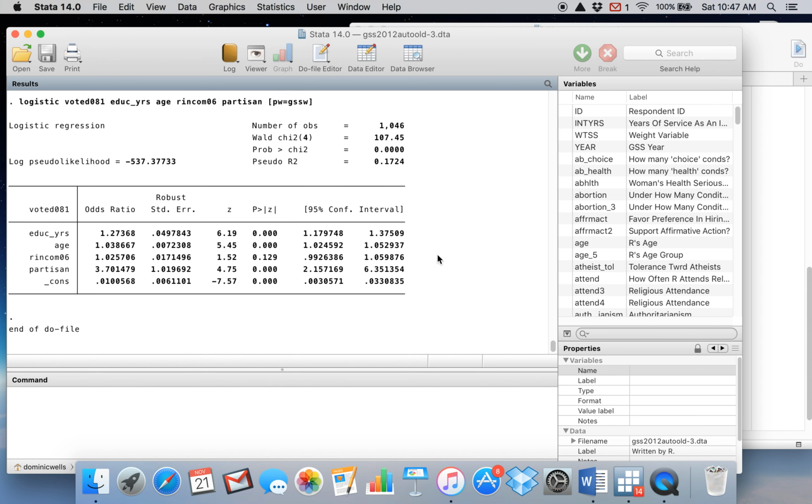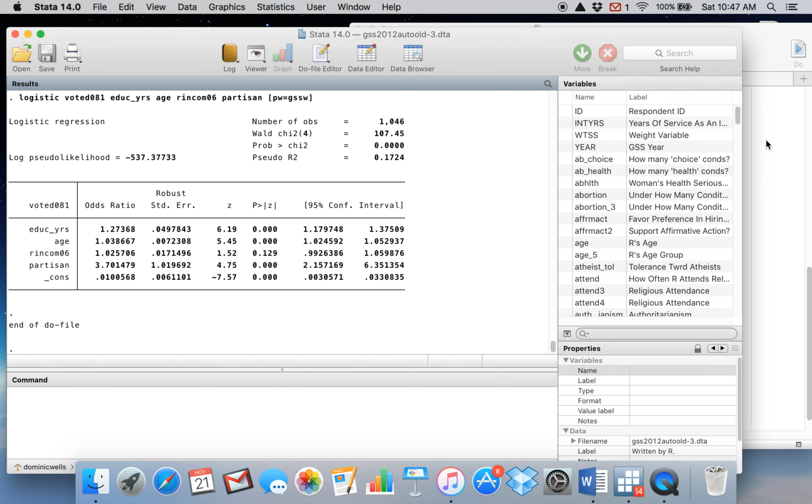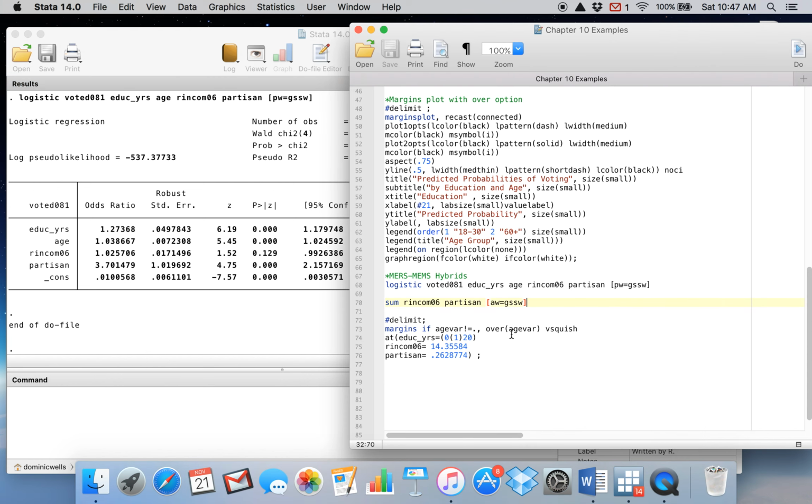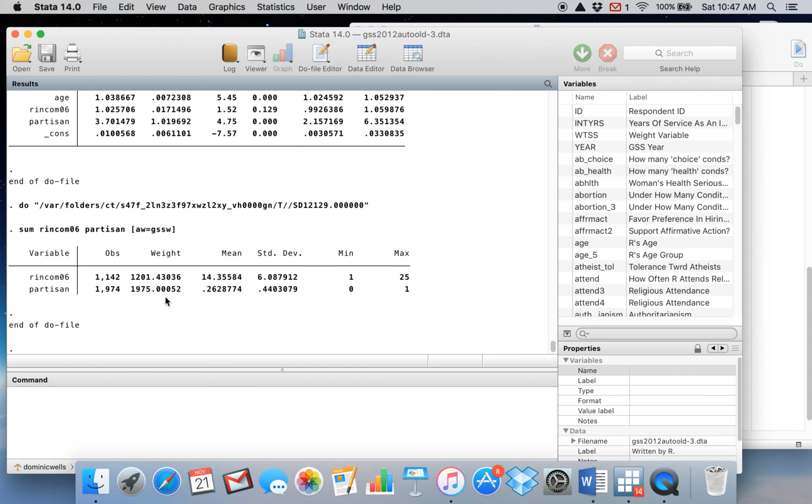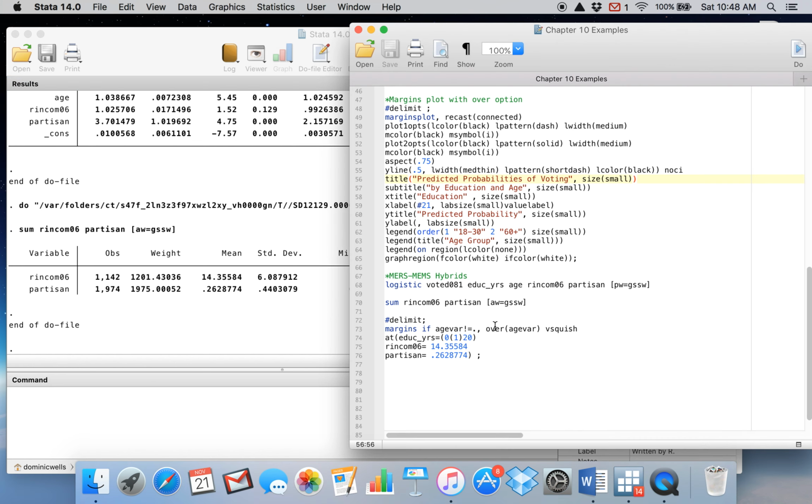All right. So now they wanted us to take a look at the sum of the variables that we just brought in. You can see here that we have our weight and then our means for these variables, our mins, our max. And we're going to do the margins command to compare these groups at certain values.